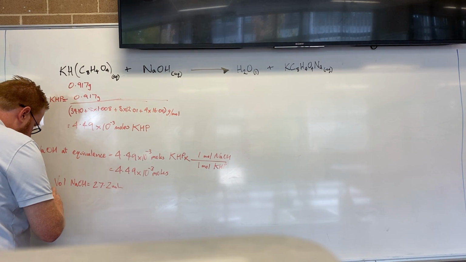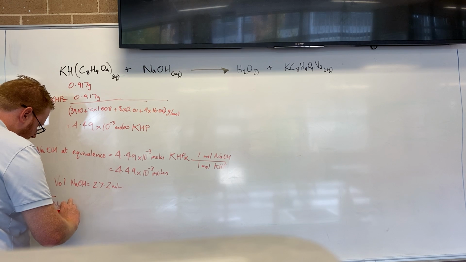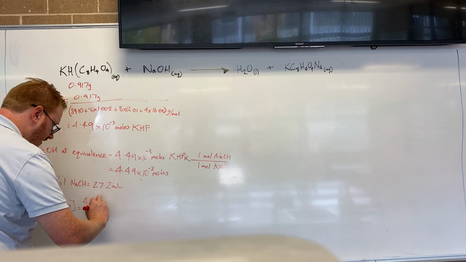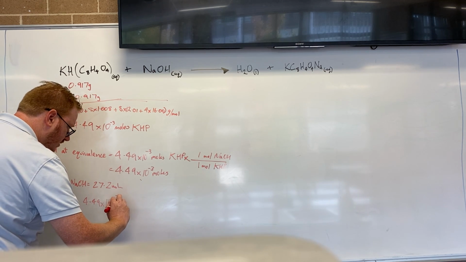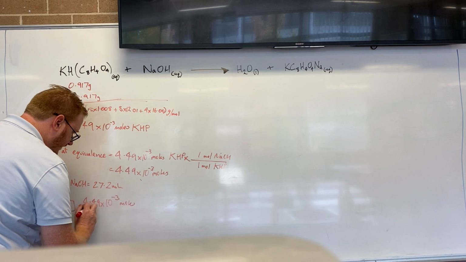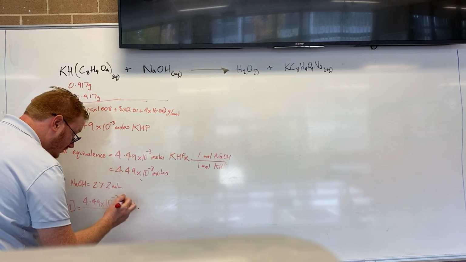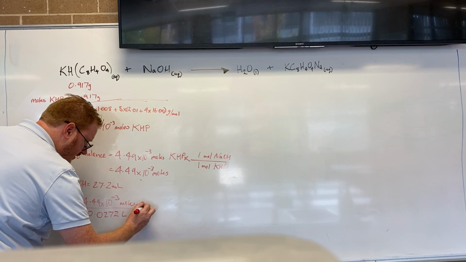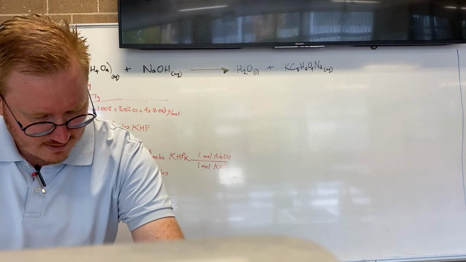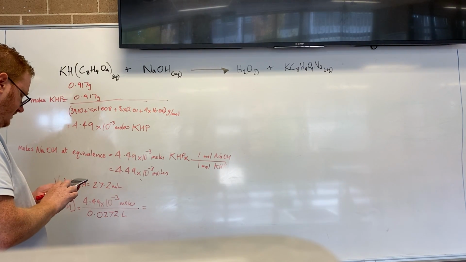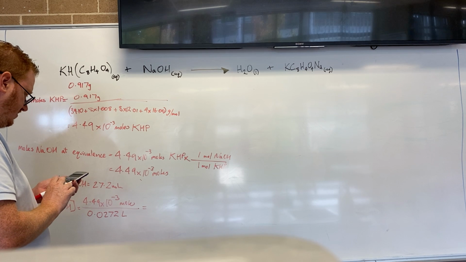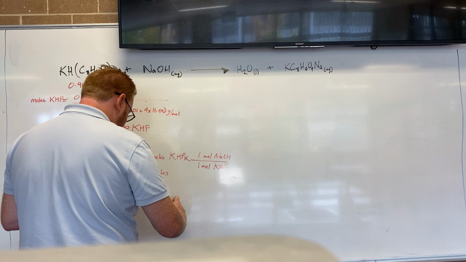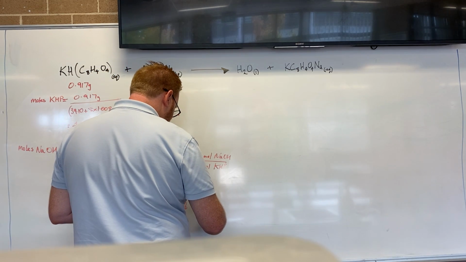So our concentration of our sodium hydroxide equals the number of moles, 4.49 times 10 to the negative 3 moles, divided by the volume in litres, because moles per litre, 0.0272 litres. Let's put it in my calculator. Divided by 0.0272, and I get the answer to be 0.16508 blah blah moles per litre.